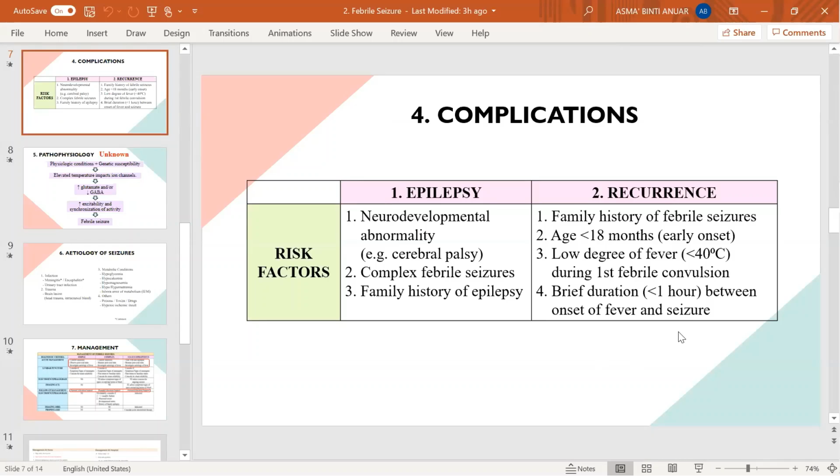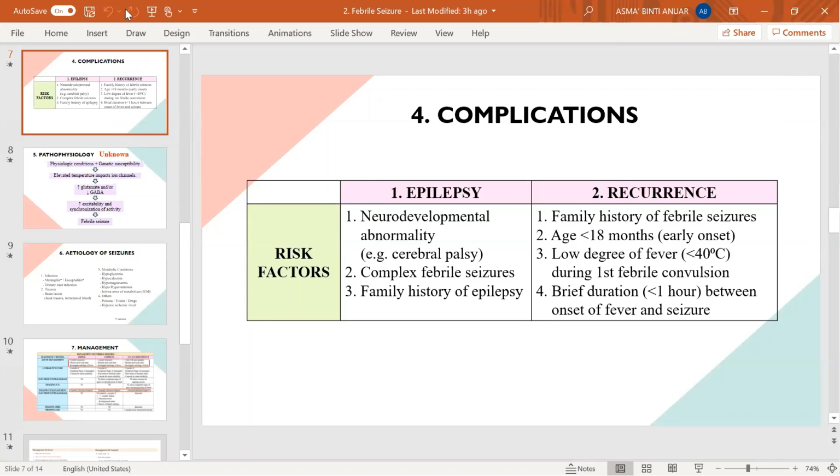The risk factor of epilepsy is neurodevelopmental abnormality. Actually, because febrile seizure is a diagnosis of exclusion, we don't actually diagnose it in a child with an abnormal brain, a child with cerebral palsy, epilepsy, or developmental delay, or in a child with a very strong positive family history of epilepsy.